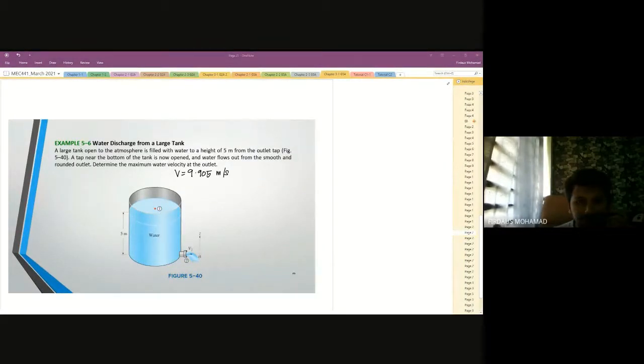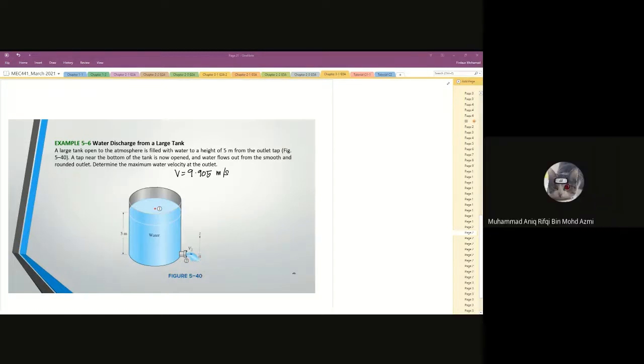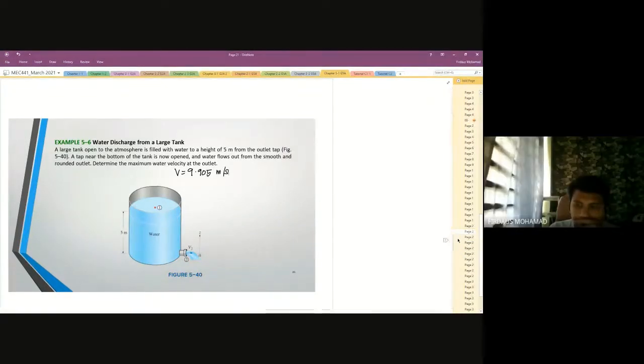Betul, jawapan 9.9 meter per second. Boleh? So, itulah cara untuk apply Bernoulli equation. Dapat? Ada yang tak dapat?